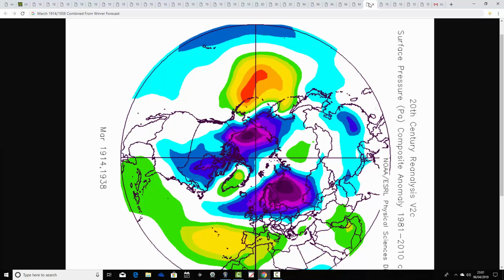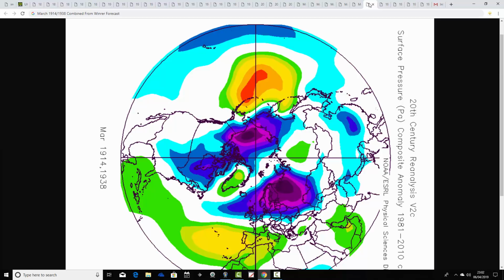So if we go all the way back to the winter forecasts that were released at the beginning of December, and I'm sure you remember quite clearly what happened with those winter 2018-19 forecast analogues, we had our top two analog years, which were 1914 and 1938, pointing us towards a mild winter. Although the overall analogues package, the top 5, top 7, top 10, for the winter forecast was shifting us towards a colder winter.